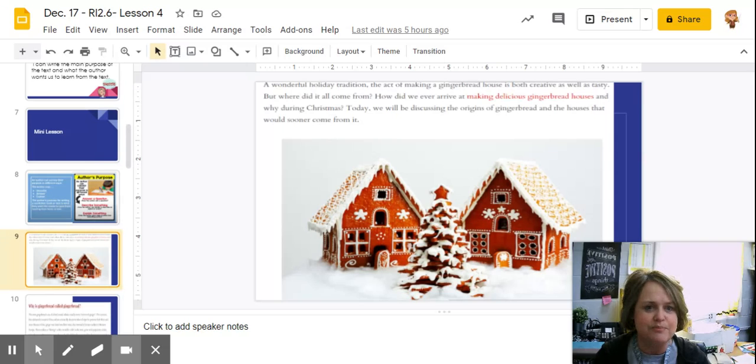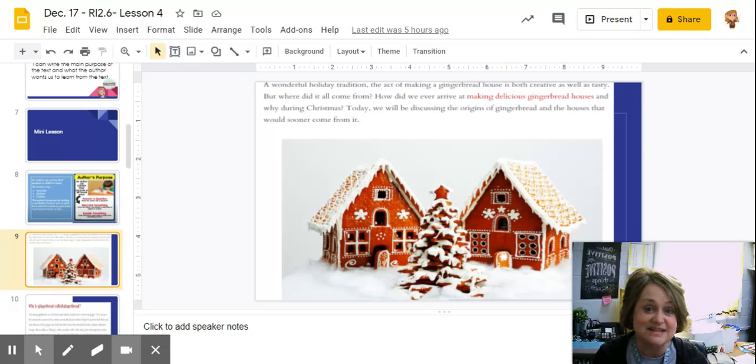And so it is a big competition around here. A lot of fun getting supplies together and creation. So I can't wait to see what everyone does this afternoon. But don't forget to tune into Facebook and make sure that you vote on your favorite gingerbread house. So that is why we are learning about gingerbread today.